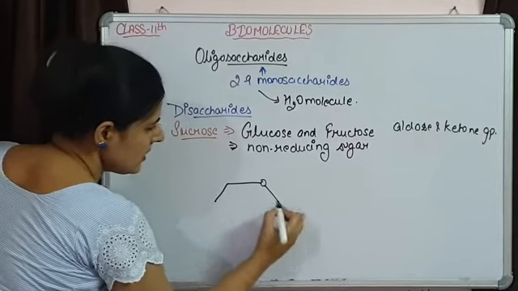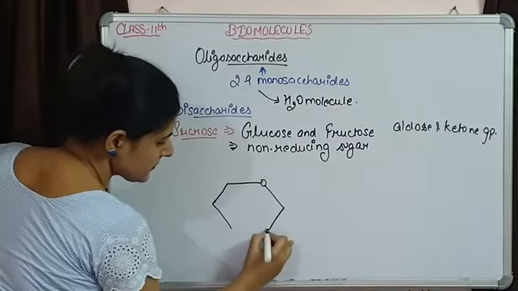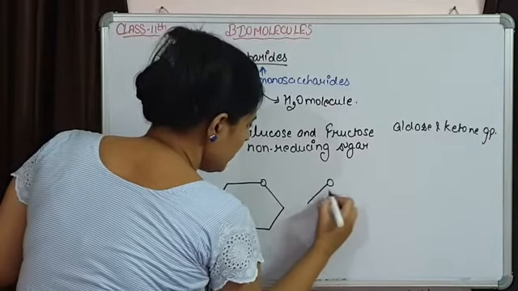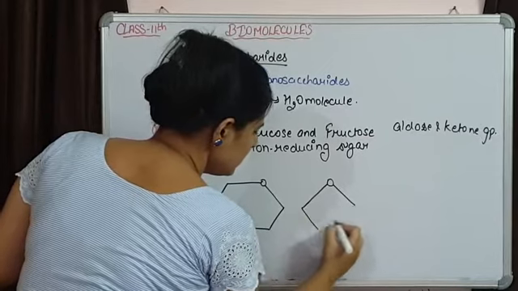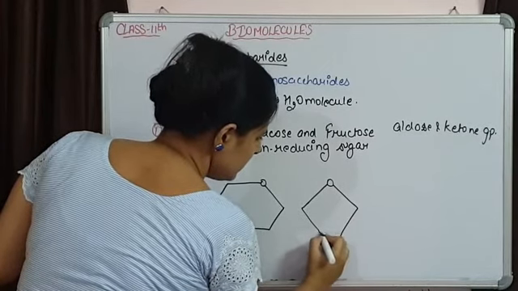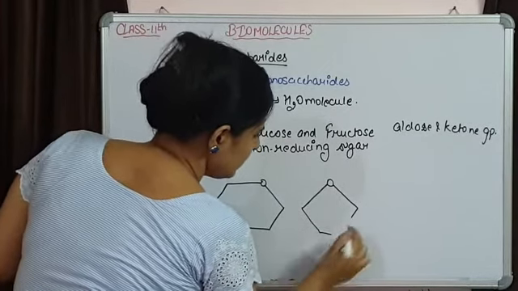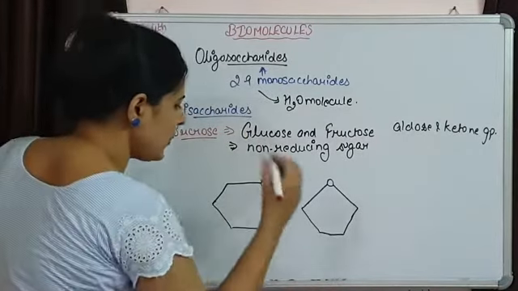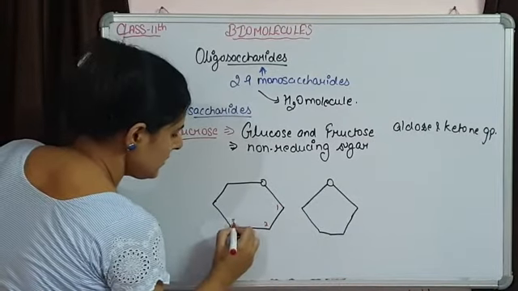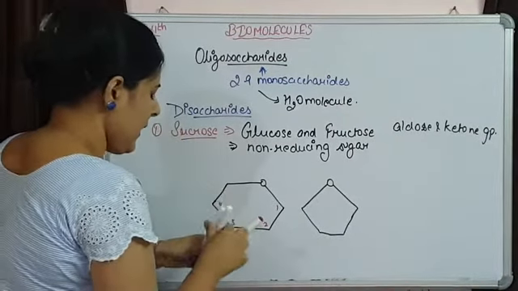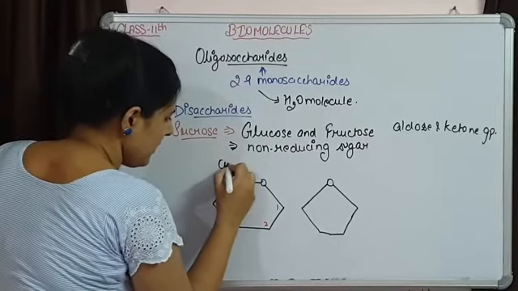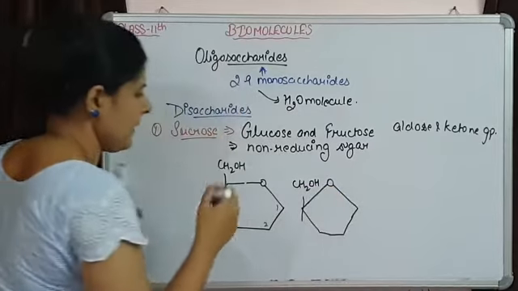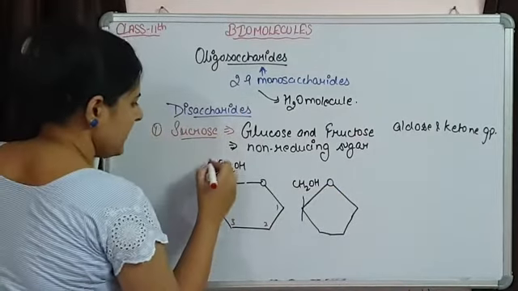So this is the glucose molecule, this is the first carbon of the glucose molecule. Let's draw that fructose also. If we number the carbons over here: first, second, third, fourth, and the fifth carbon.